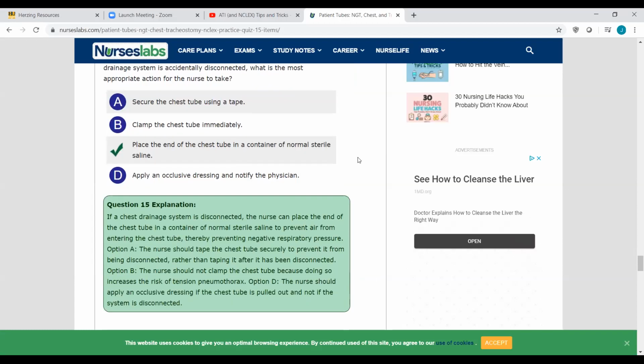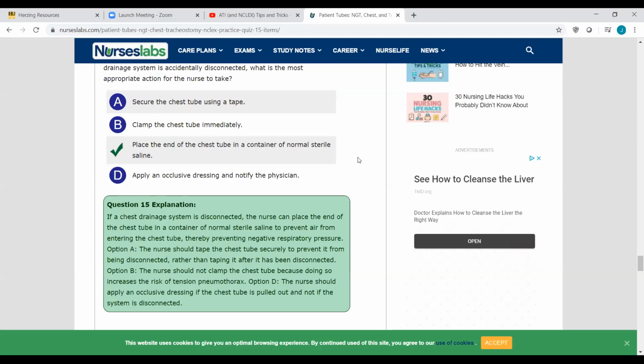Read that rationale there. So the idea here is if the chest tube is still in the person and it just came disconnected, you want to try to maintain that water seal.